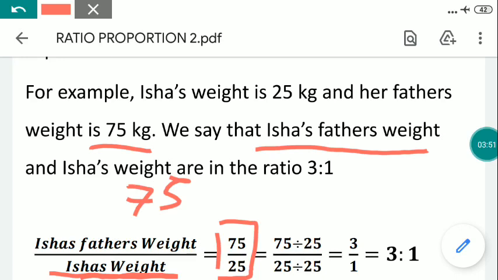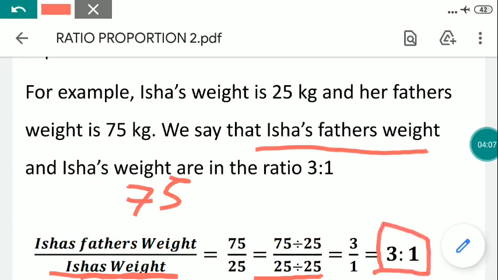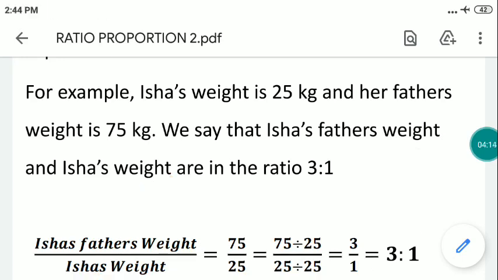Divide numerator and denominator by the highest common factor of 75 and 25, that is 25. So dividing numerator and denominator by 25, you get 3 divided by 1. So the ratio is 3:1. Read it as 3:1. In this way you can find out the ratio.